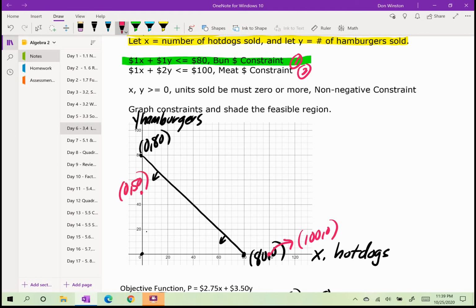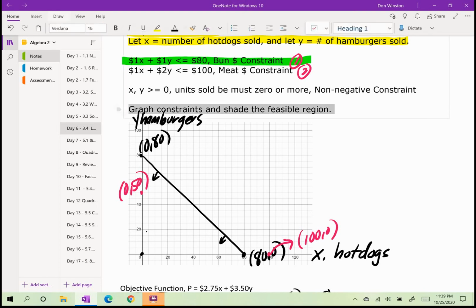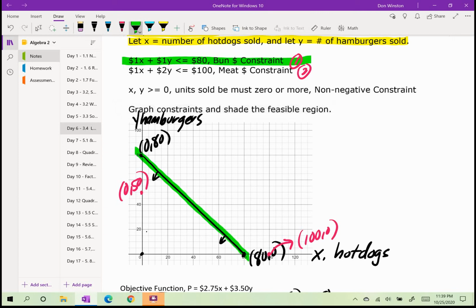Again, I'm using constraint number 2. So this was my bun constraint, and then I'll mark my meat constraint here. Let me make that a little clearer. So that's my meat constraint there. And again, you have to be below that line as well.